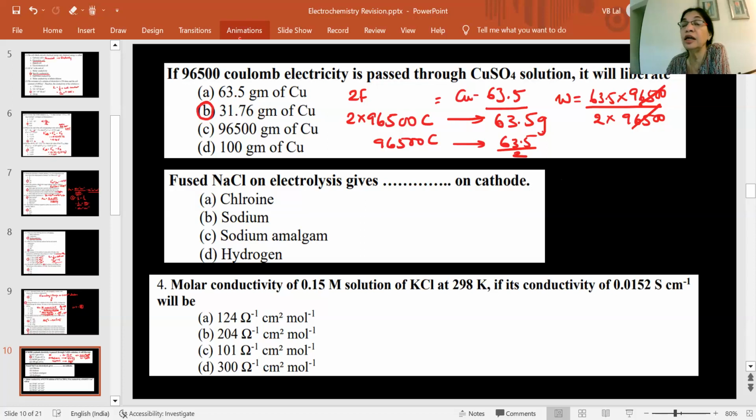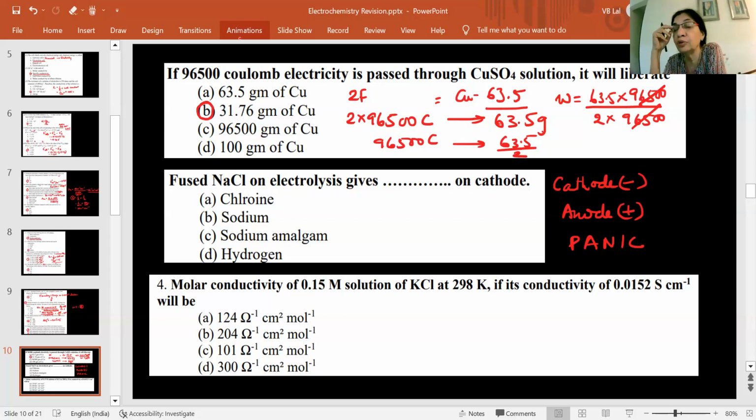The hint that I can give you is that in an electrolytic cell, cathode is negative and anode is positive. You can remember with the word PANIC: positive anode and negative is cathode. So which ions will get deposited at the cathode? First of all, which ions will move towards the cathode?